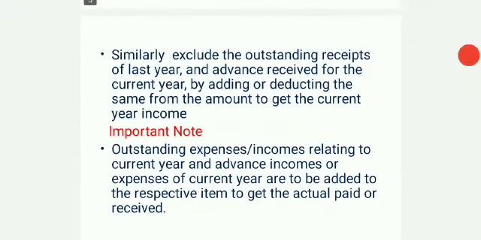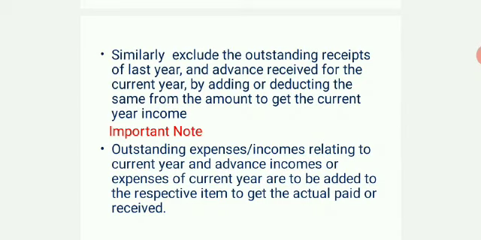Similarly, exclude the outstanding receipts of the last year and advance received for the next year by adding or deducting the same from the amount to get the current year income. There is an important note, students.